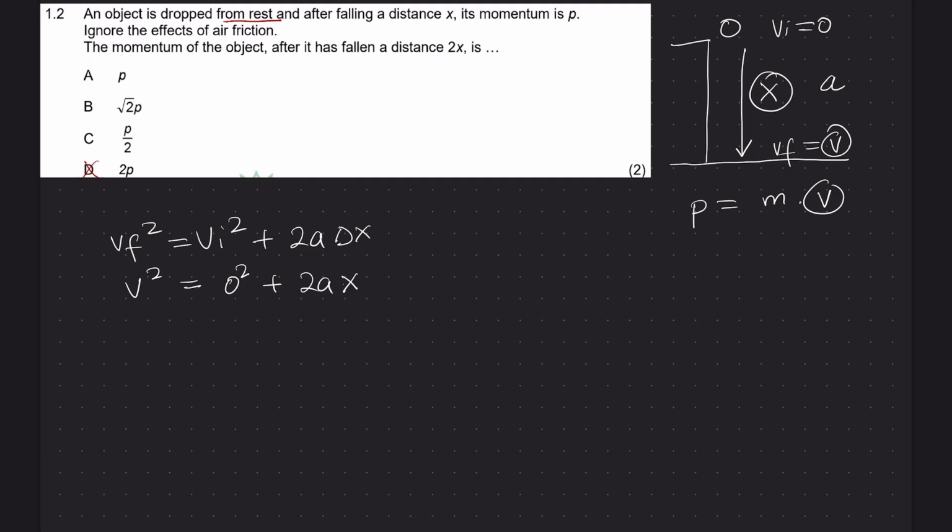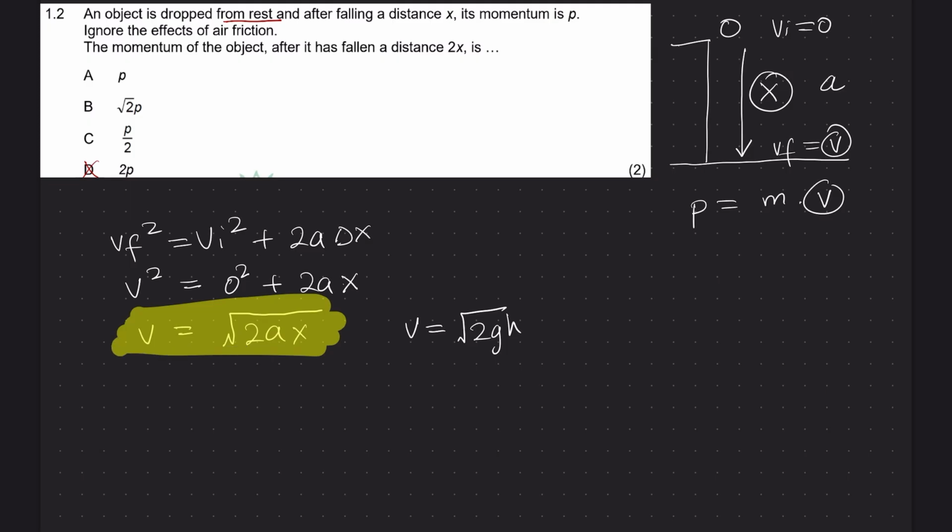Now, if we wanted to solve for v, we could say that v is equal to the square root of 2ax. You may recognize this formula from grade 10. This is also written as v equals the square root of 2gh. It doesn't matter which one we use, it's the same thing. So this is the equation that we're going to be looking at.